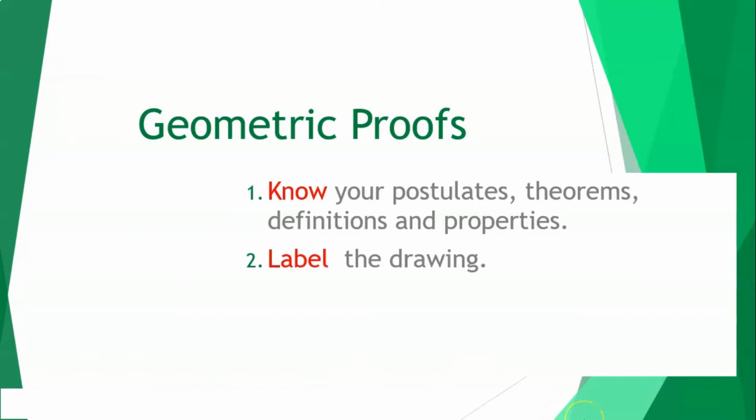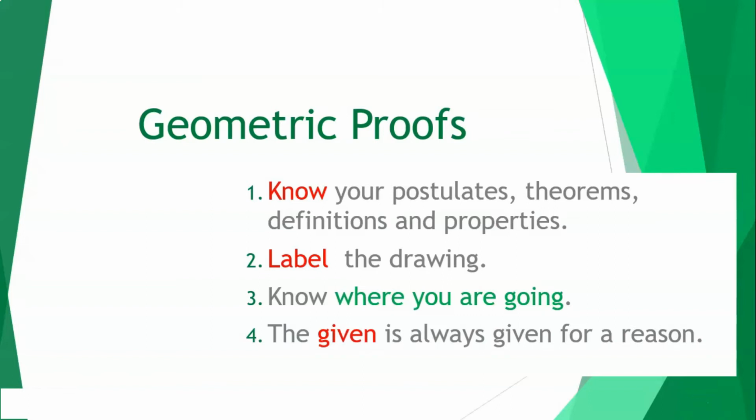Another one is label the drawing, because this will give you a clue as to what you have proven so far. So somehow it will give you direction as to where you are going. Next, know where you are going. So with this, always look at what is required. What is required in the given, so that it will give you an idea how you are going to get there, and it will give you direction on what you will do in order to get there.